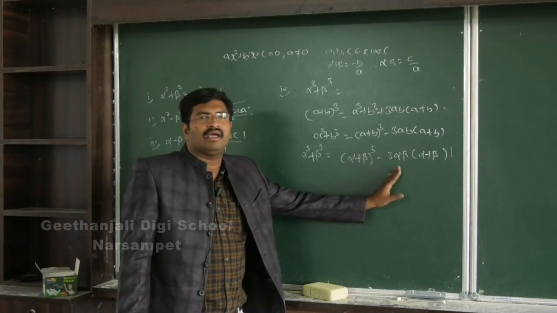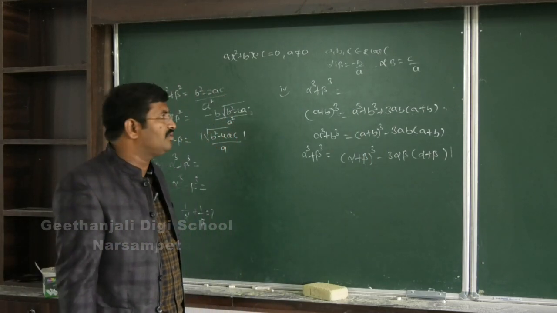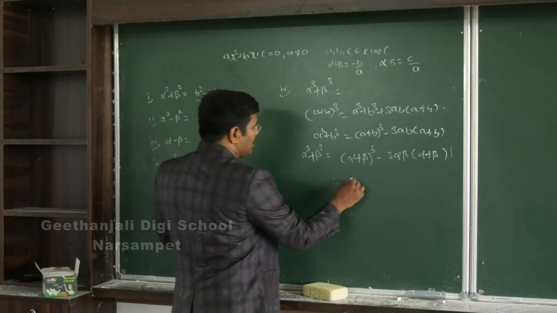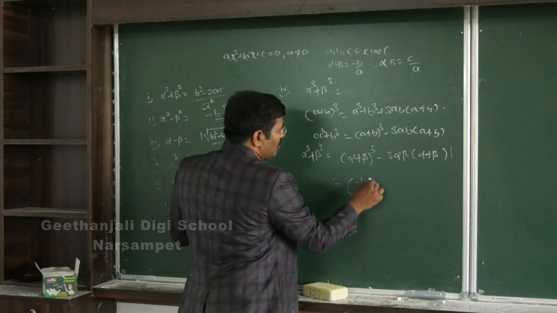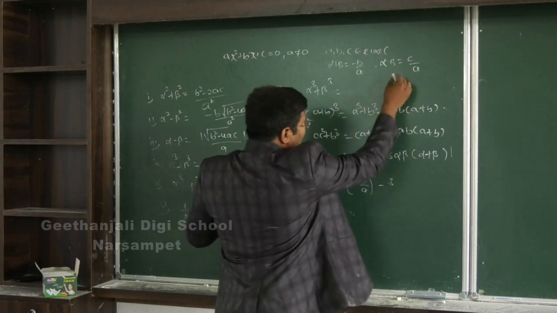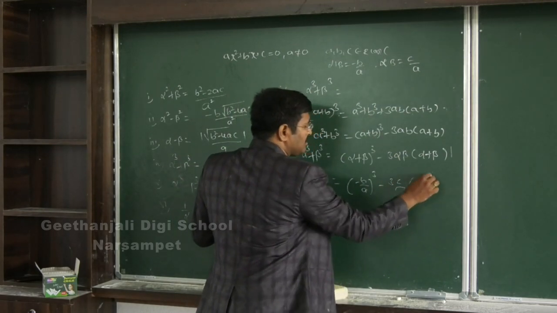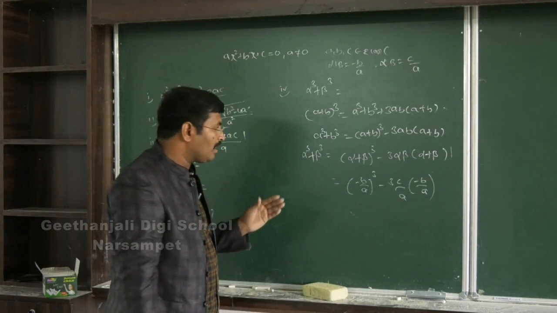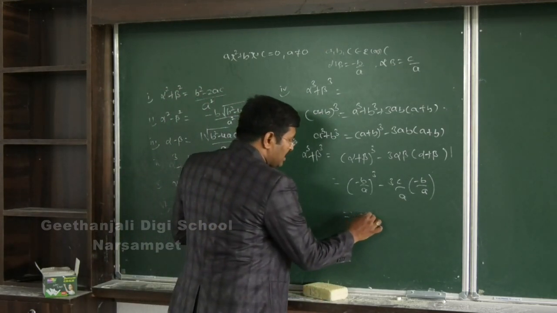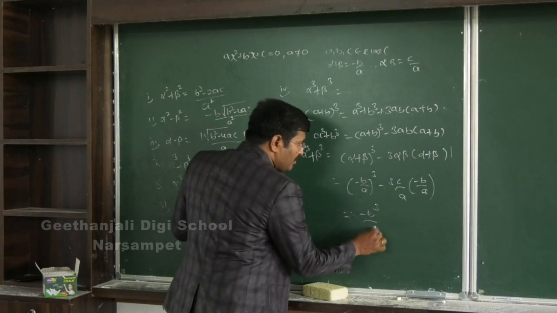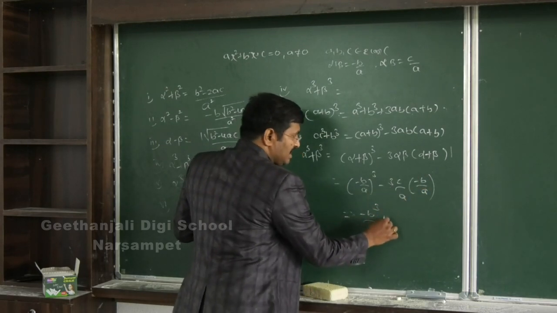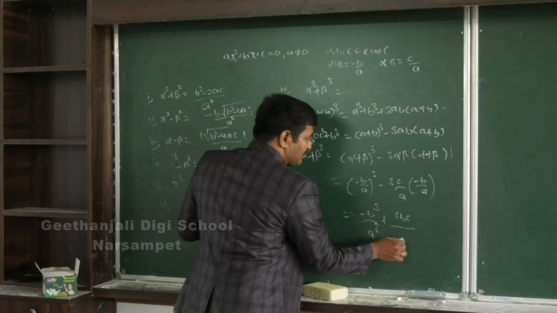Now you have to substitute the alpha plus beta and alpha beta values. Alpha plus beta is minus b by a, whole cube, minus 3 into alpha beta, which is c by a. So minus b cube by a cube plus 3bc by a square.